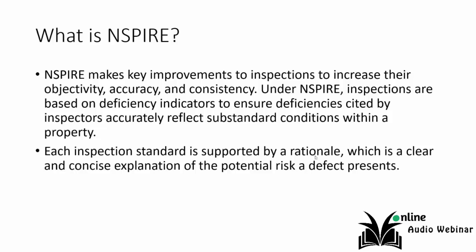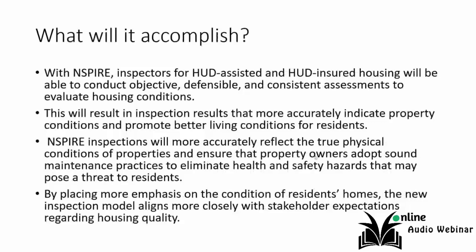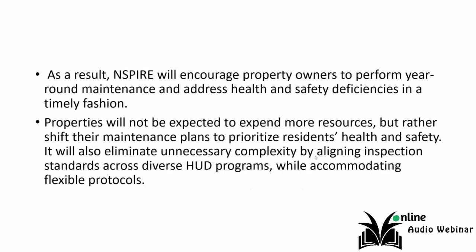It makes key improvements to inspections to increase their objectivity, their accuracy, and their consistency. HUD determined that the models are well-intentioned in design. Now, they want to be objective and defensible and consistent. NSPIRE is going to encourage property owners to perform year-round maintenance and address health and safety.